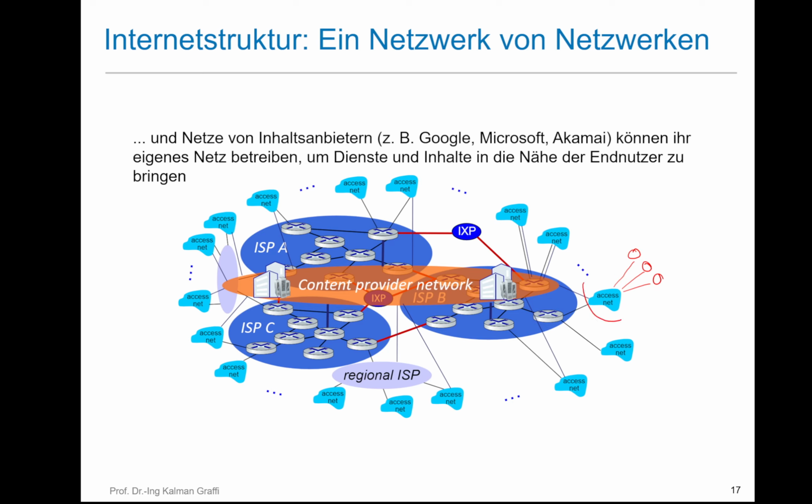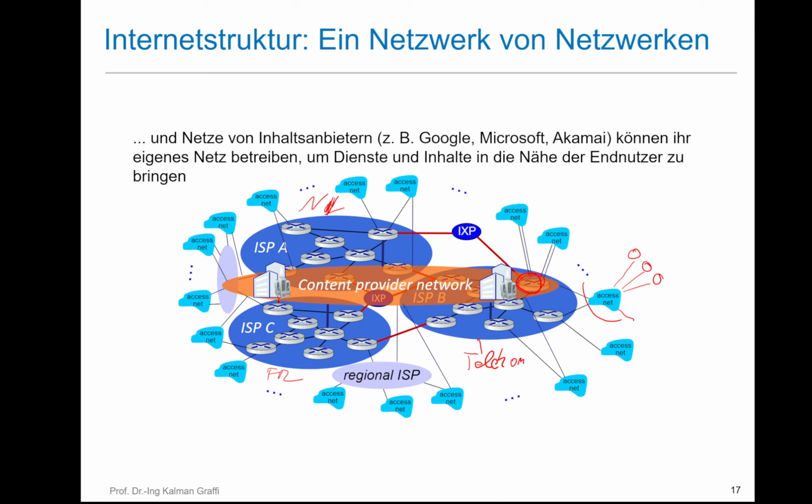You have the access network, that's typically your internet service provider, and the internet service provider is part of some kind of larger provider. So this can be Telecom, for example, and you might be at a regional service provider, and then Telecom is connected to Telecom France, or here the Netherlands maybe, and then through Frankfurt and the Netherlands there's some kind of cable and fiberglass also going to the US.